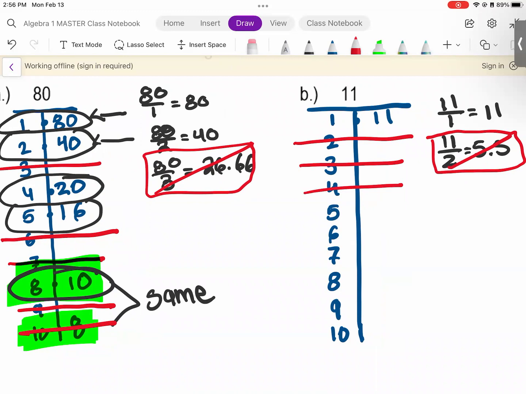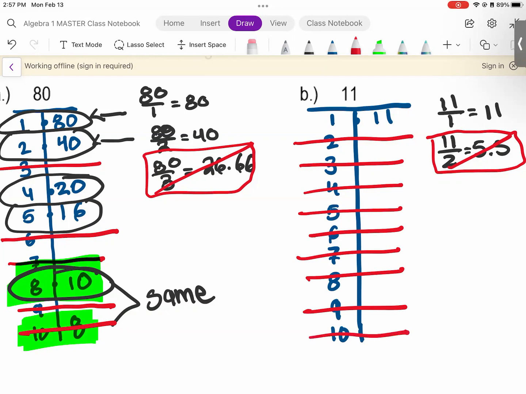And then we do 11 divided by 5, we get 2.2, can't use it. 11 divided by 6, we get 1.8, can't use it. 11 divided by 7, we get 1.57, we can't use it. 11 divided by 8, we get 1.3, can't use it either. 11 divided by 9, we get 1.22, we can't use it either. And then 11 divided by 10, we also get a decimal and we can't use it anymore.